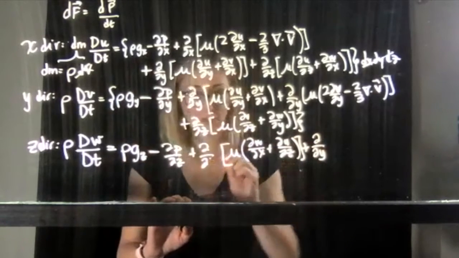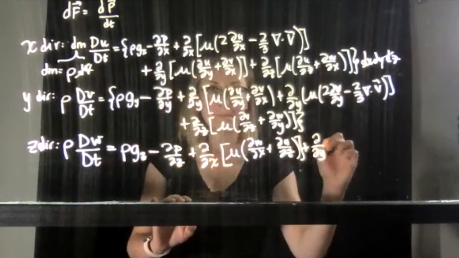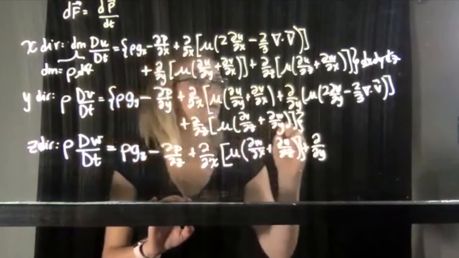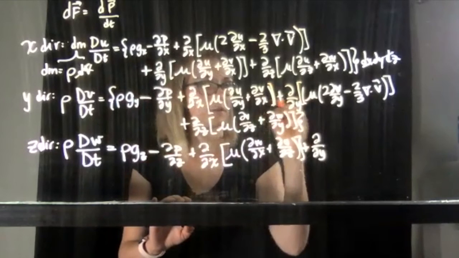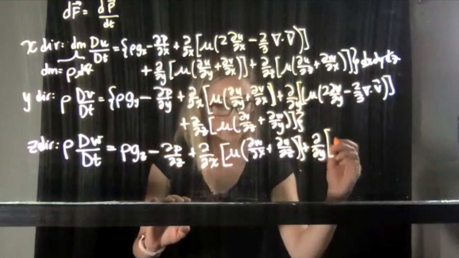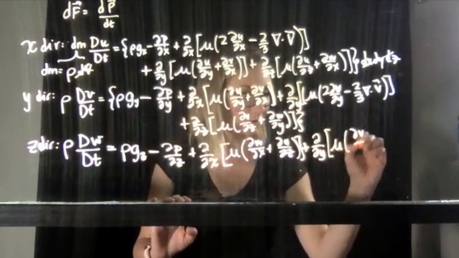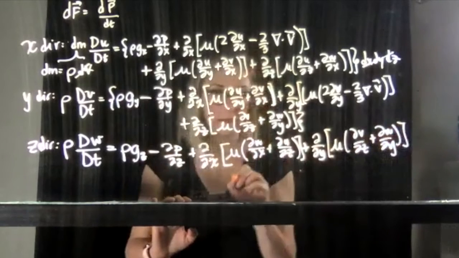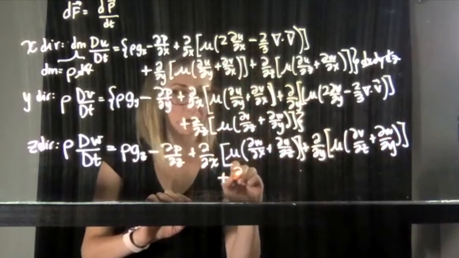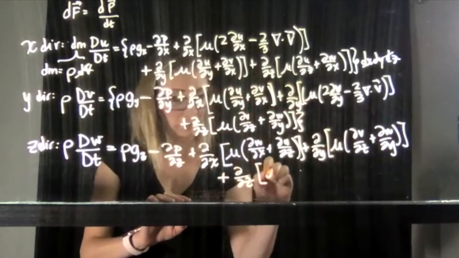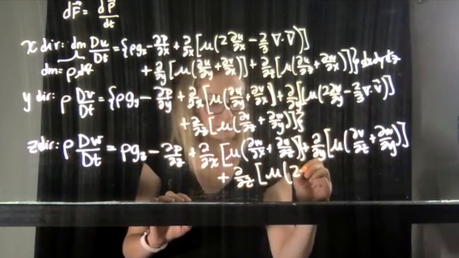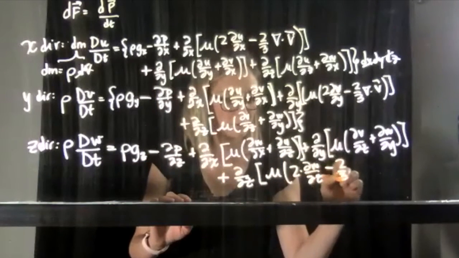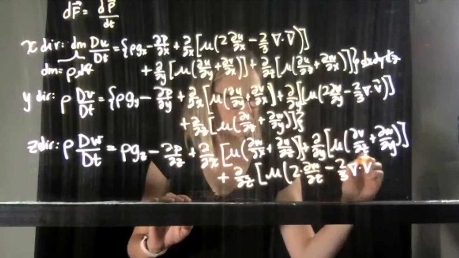I apologize, this should be x and this should also be x. Okay, partial y of mu times dv dz plus dw dy. And then the last term here is partial z of mu times 2 times partial w with respect to z minus 2/3 the divergence of the velocity.